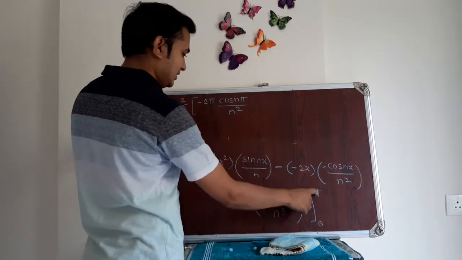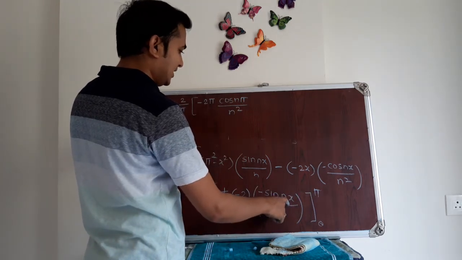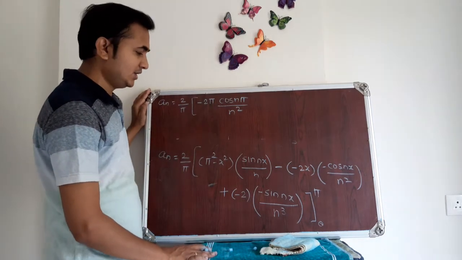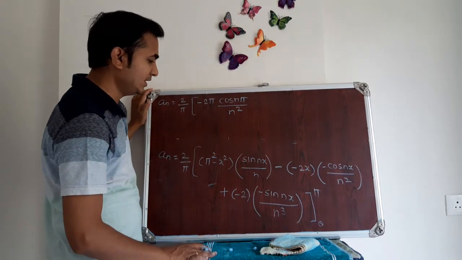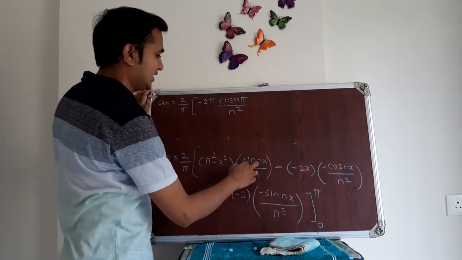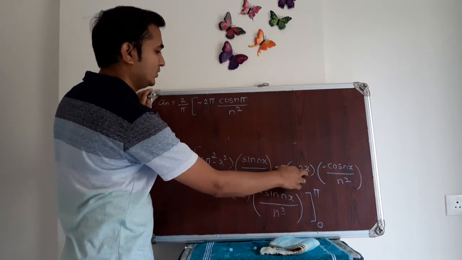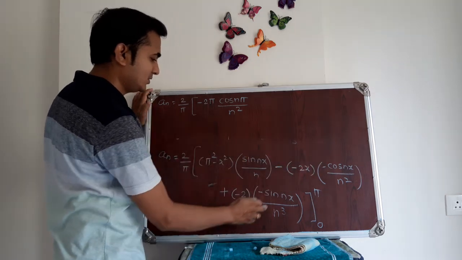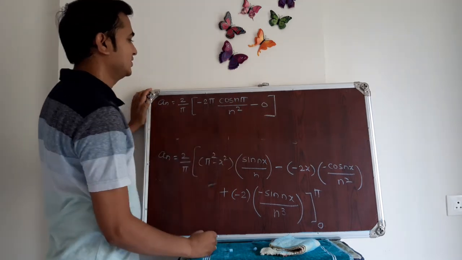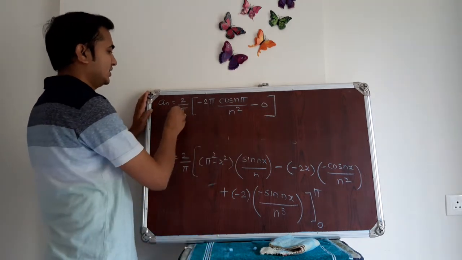Alright, then sin n pi is 0, so only this term survives for upper limit, isn't it? Then lower limit, x replaced by 0, right? So sin 0 is 0, this is 2 into 0, so this term becomes 0 and sin 0 is 0. So for lower limit everything is 0. Okay, so this gets cancelled.